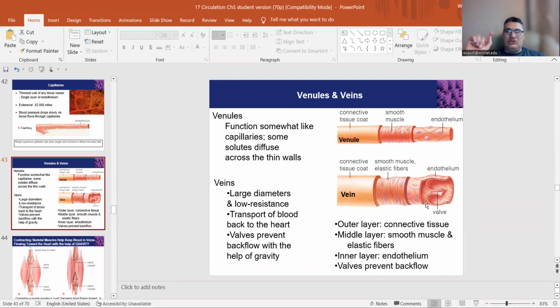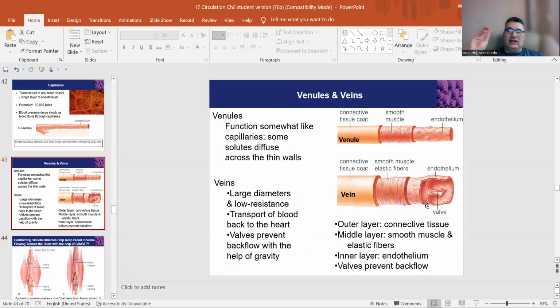But one thing that I wanted you to know, the difference between veins and arteries. Listen to this. This is important. Any vessel that takes the blood away from the heart, you call it an artery. That's it. Any vessel that takes the blood, I'm sorry, I mean back to the heart is called a vein.